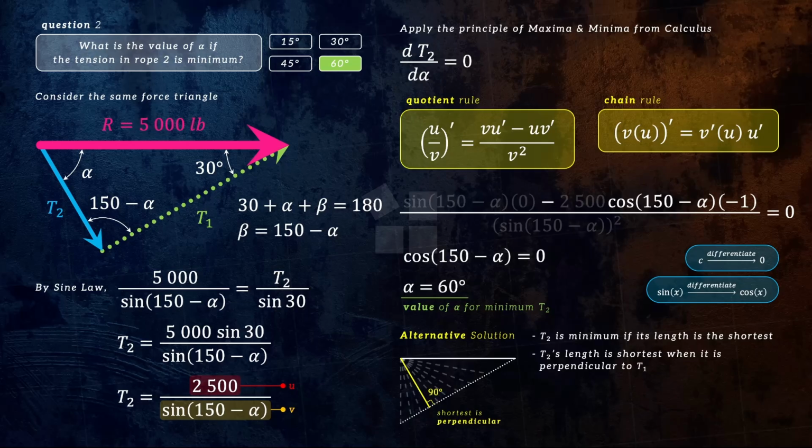Therefore, the angle between T2 and T1, which is 150 minus alpha, must be equated to 90 degrees. Solving now for alpha will give you a value equal to 60 degrees, which is still the answer for this question.